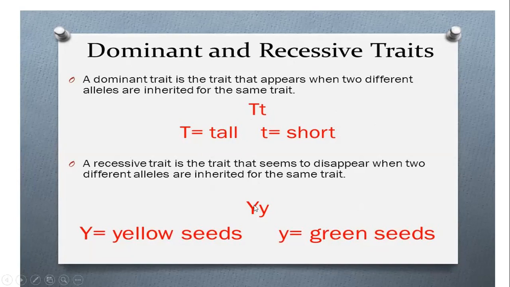Whereas if you have yellow and green seed alleles, the seeds will be yellow if there is one capital Y, which represents dominant. Recessive cannot express in the presence of a dominant gene.